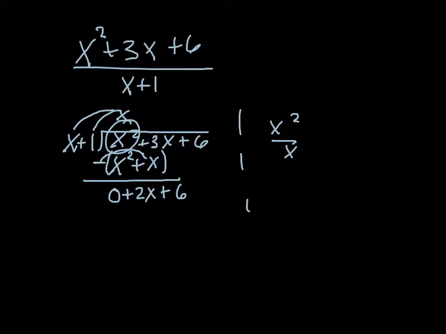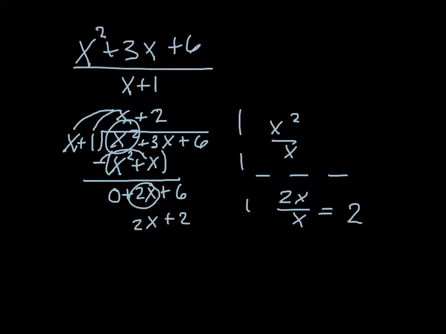And then you do the same thing again, so you'd find how many times x goes into 2x. So 2x over x, which is just 2. So then you put that up here, plus 2. Then you multiply it, so x times 2 is 2x, and 2 times 1 is 2. Then you subtract the whole bottom line, and you have 0 plus 4.